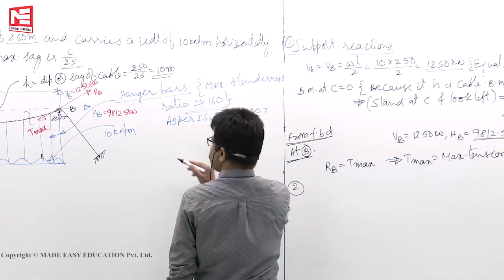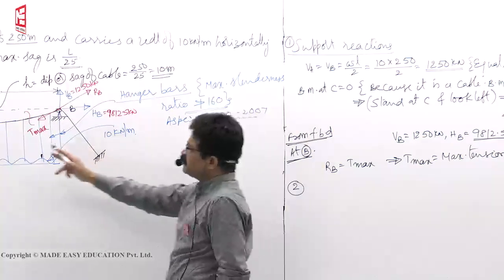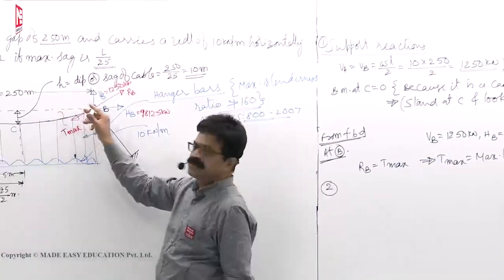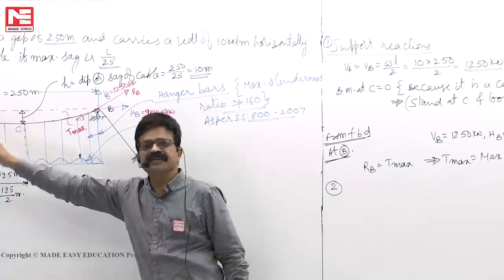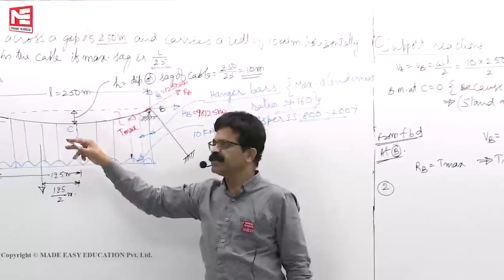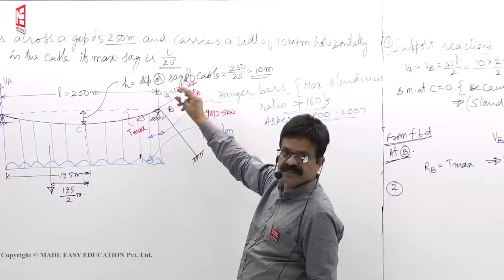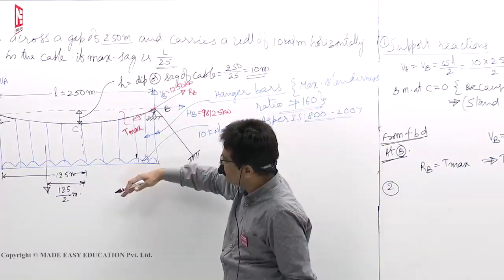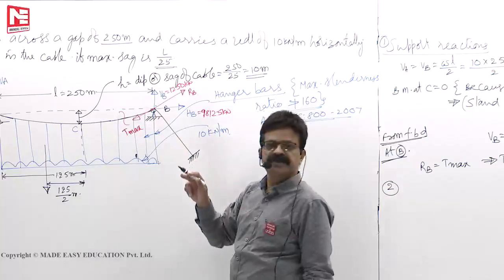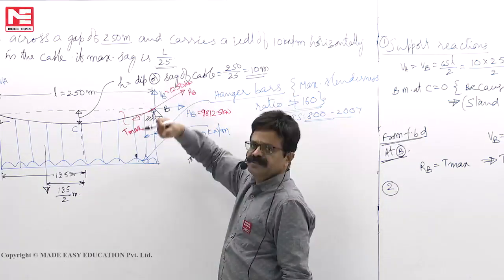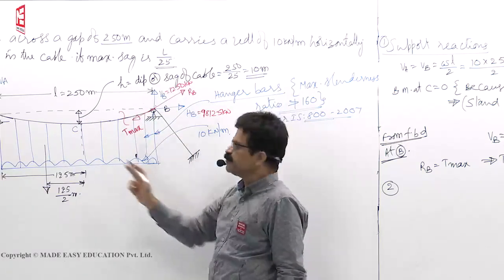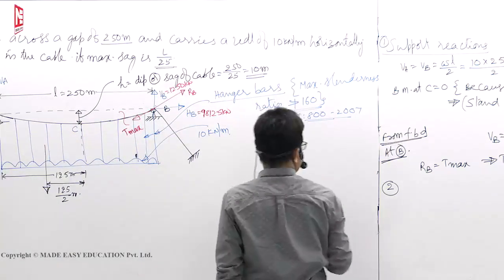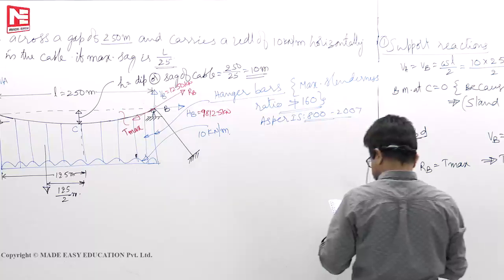This is the first point we can take: support reaction, maximum tension. The second point is minimum tension is developed at C, maximum tension is developed at B, because at the lowest point only the horizontal component will be there, no vertical component. As you are moving towards the highest point, this load must also be taken by the cable only. So the cable has to resist. In the process, maximum will happen here, minimum will happen at C. Write that point.